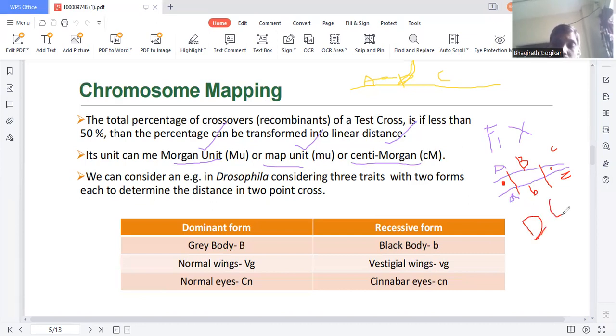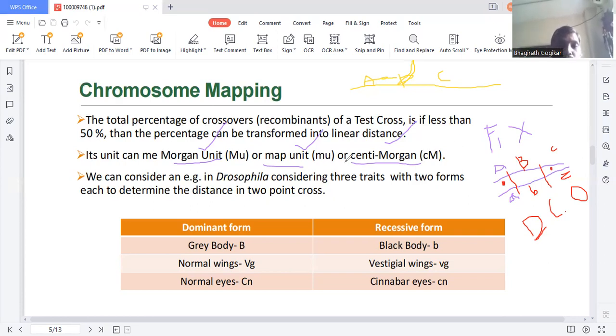Single crossover means the chromatid breaks and exchanges at 1 point on the chromosome. With reference to 2 points, that is a double crossover. This is a 3-point test cross; the 2-point test cross is also in our syllabus.